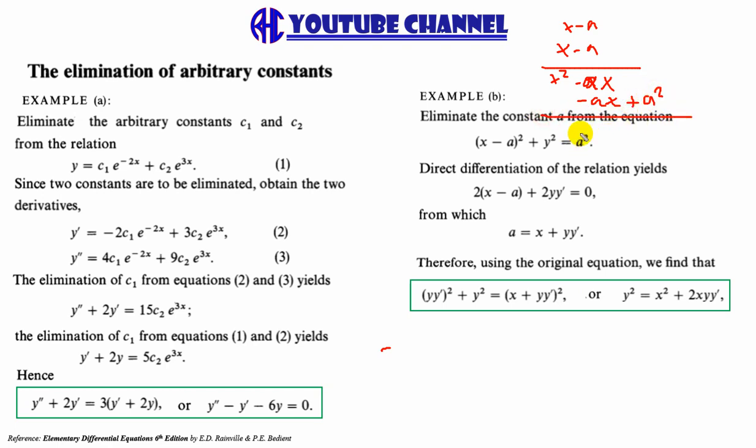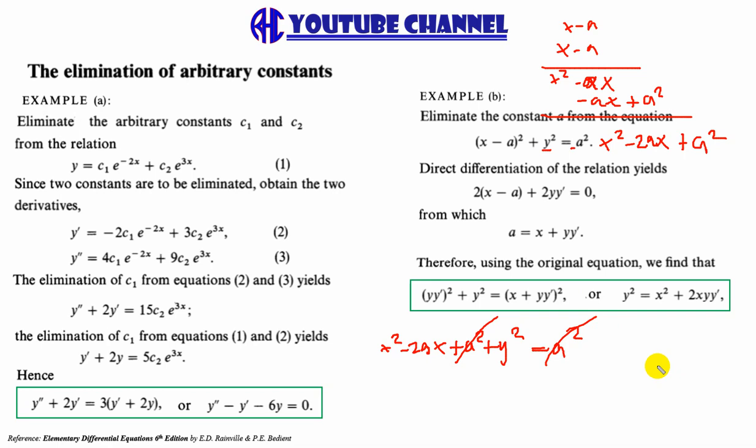Yung pag i-plus natin yan, magiging x squared minus 2xa plus a squared. Then, plus y squared is equal sa a squared. So, a squared, cancel out na to.